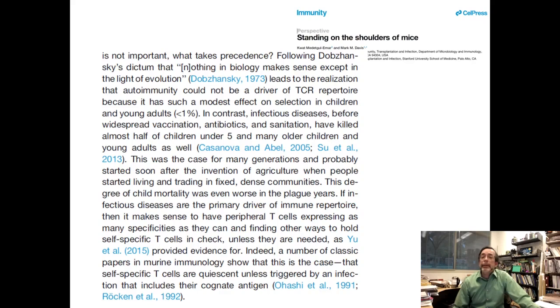So for example, if you think about things from that level, autoimmunity, we have all these T cells that are in the periphery that have to be turned down because they're autoimmune. They react with self. We constantly have to be turning them down. Why do we have them? Well, autoimmunity is not a problem for children usually.